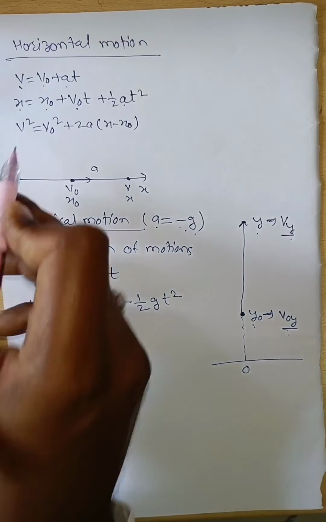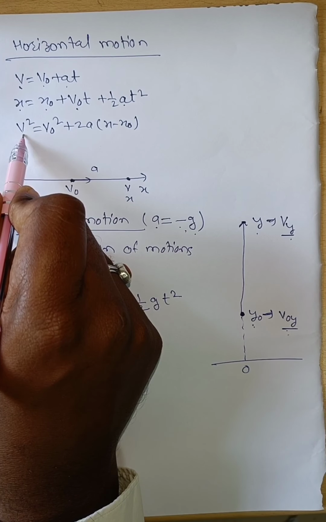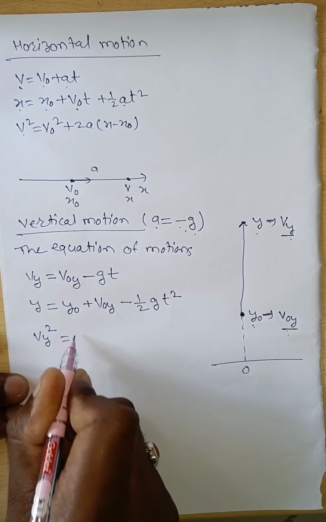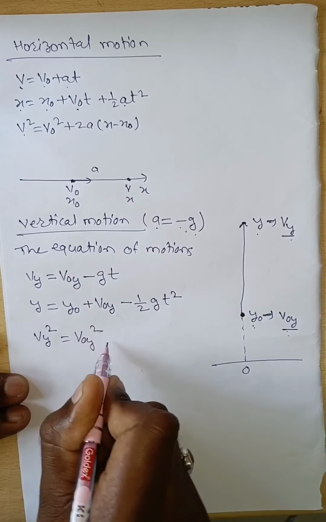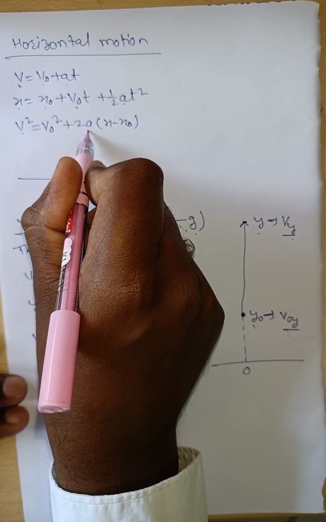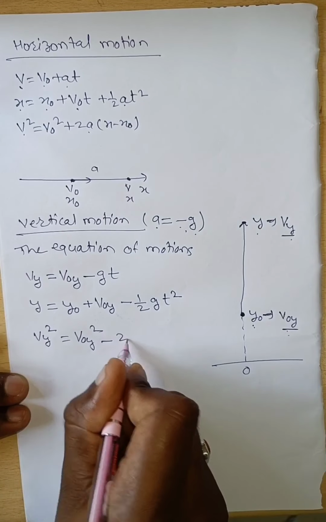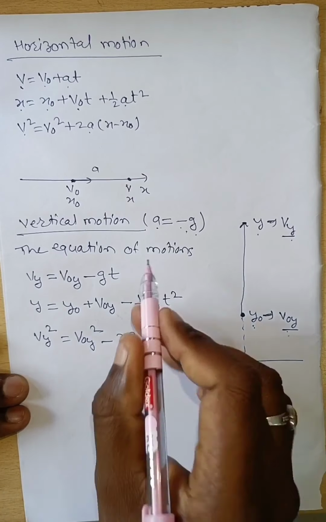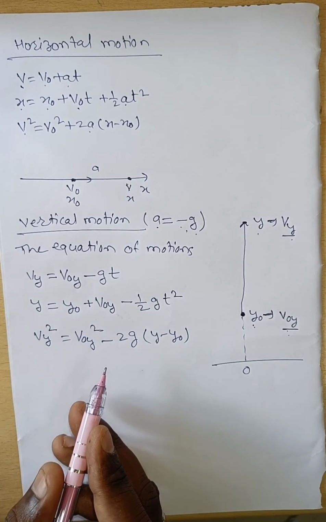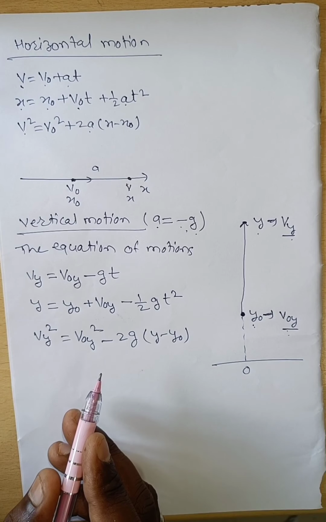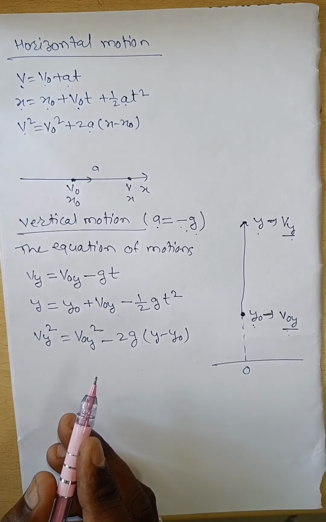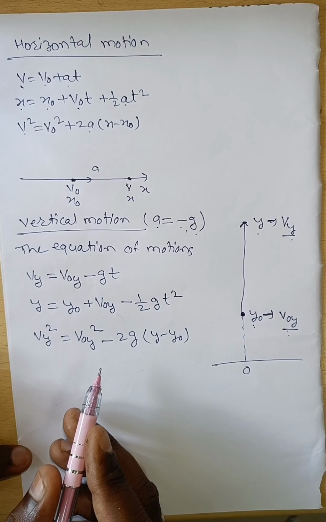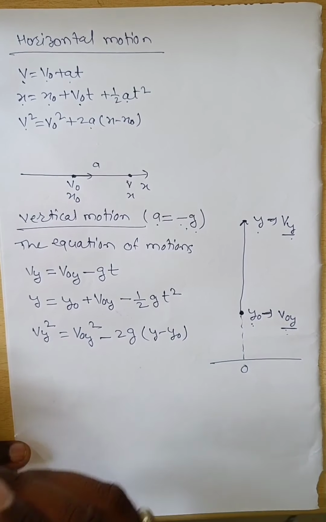Then the third kinematic equation: replace v with vy, so vy square = v naught y square, and replacing a with minus g, minus 2g(y - y naught). These are the equations of motion in the vertical direction.